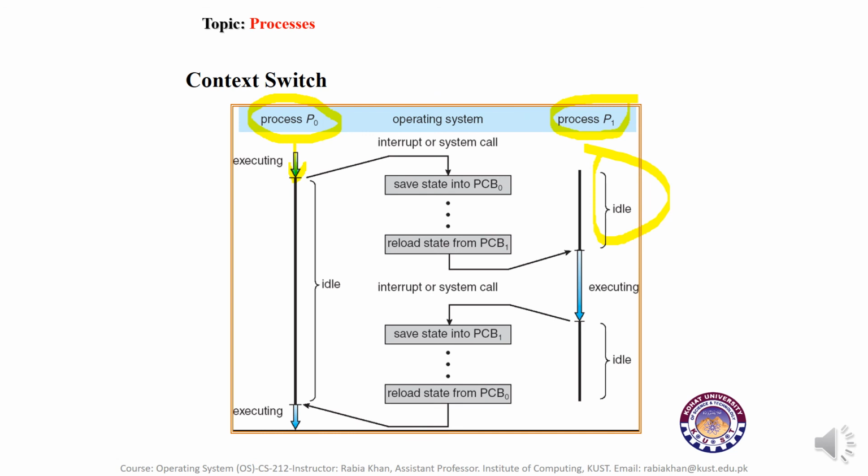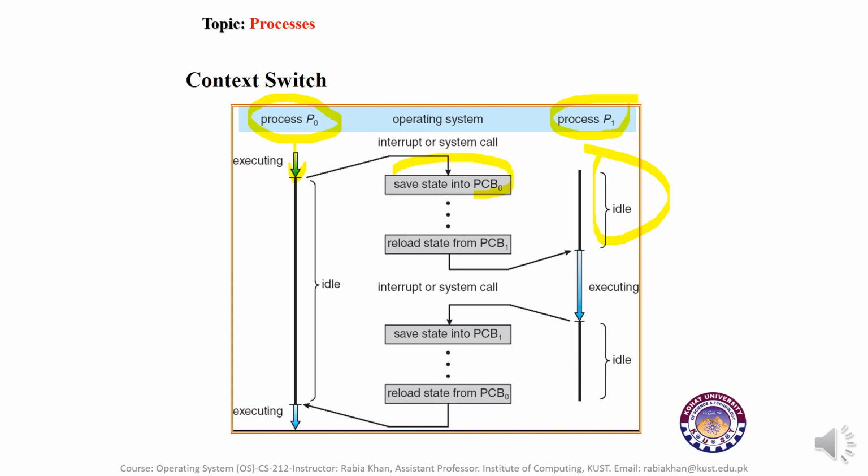Now when it is time for P0 to stop its execution for whatever reason, due to a timeout or some interrupt, once it is stopped, before assigning the CPU to the other process, the operating system saves the state information of that process in its PCB.